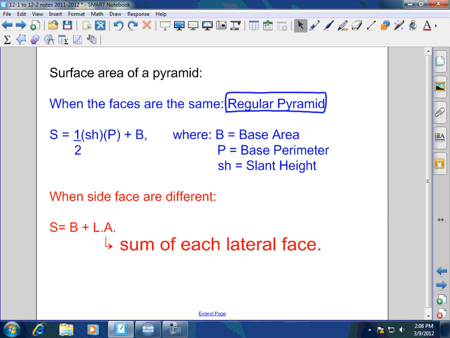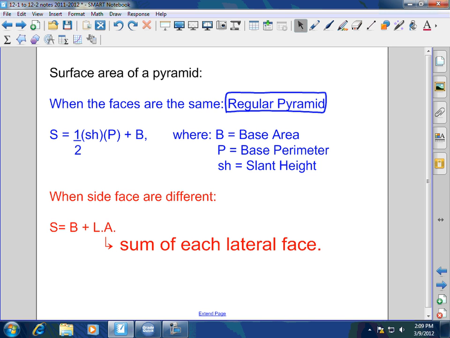And remember, this isn't just one formula for one thing. These two formulas will encapsulate every single pyramid ever, no matter what the base. You can find the surface area this way. So if we went to the pyramids of Giza in Egypt, we could find the surface area using this formula.